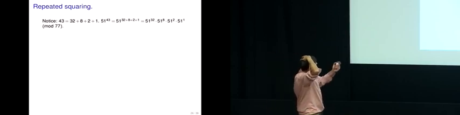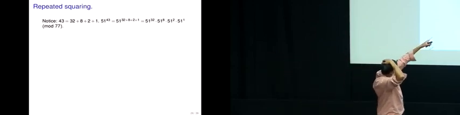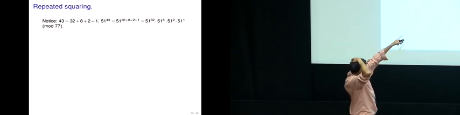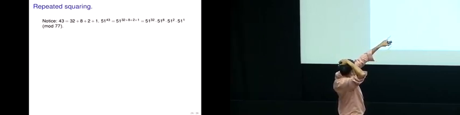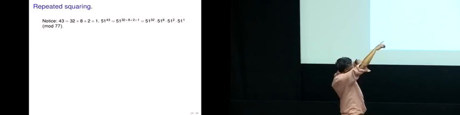So in this case, I'm going to write the number in binary, using the powers of 2. And I see that 51 to this is 51 to the 32 plus 8 plus 2 plus 1, right? And now when I have a to the sum, I can split it.